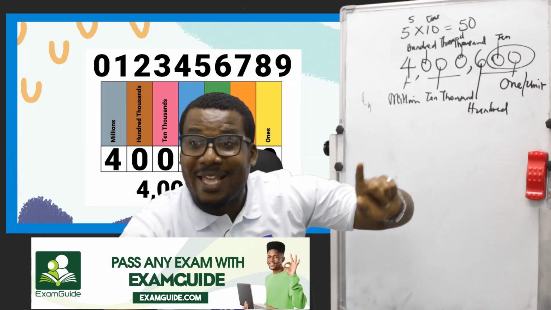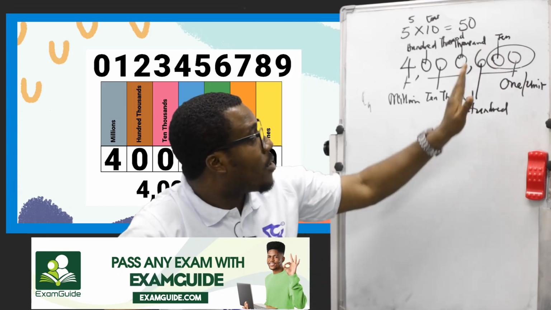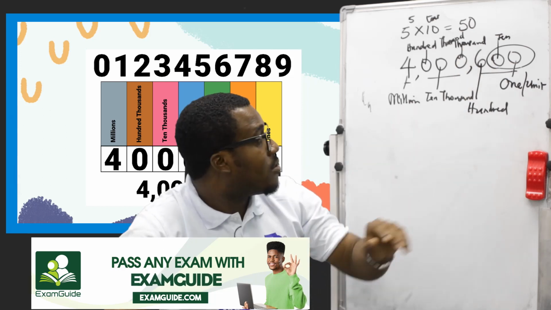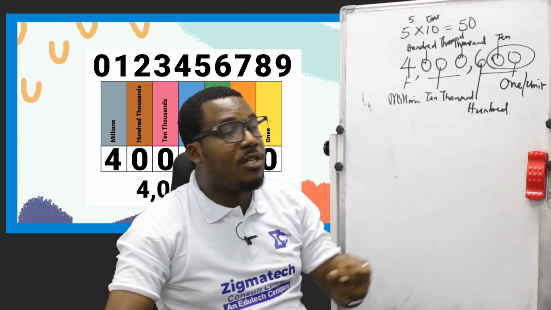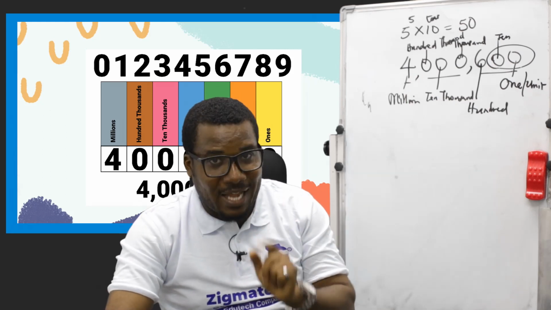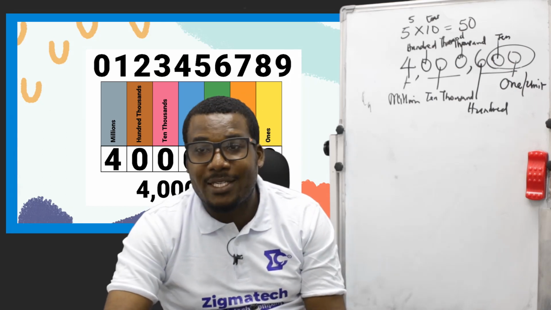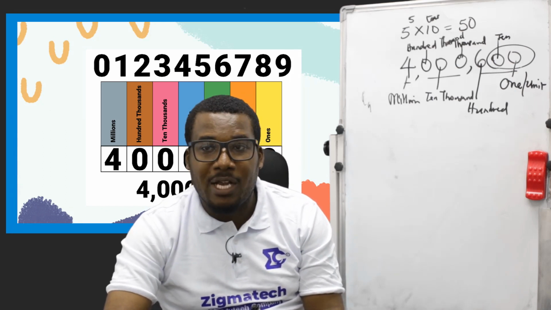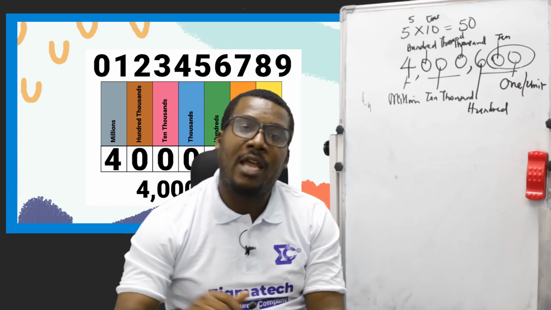Second digit, tens. Third digit, hundreds. Fourth digit, thousands. Fifth digit, ten thousands. Sixth digit, hundred thousands. And the seventh one is million, or you can classify it as 1 million. But it doesn't end there.